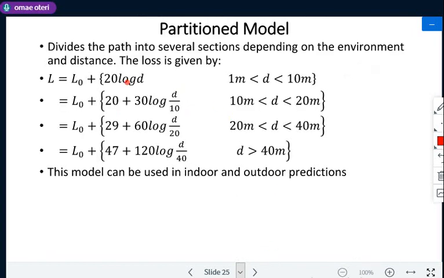The partition model takes many partitions, not just two. Where of course this one, as indicated, is the loss at 1 meter. Then it will do from 1 meter to 10 meters, 10 meters to 20 meters, we have a different loss, 20 meters to 40 meters, and one above 40 meters. So all of them are different losses, which are usually considered.